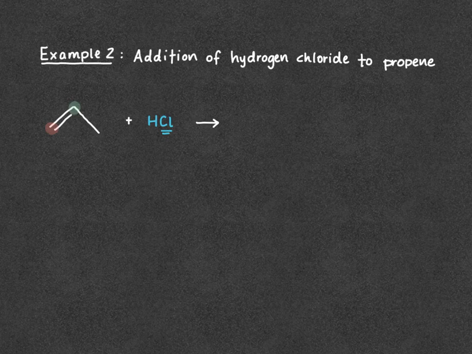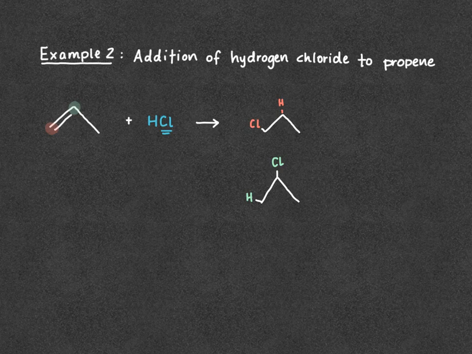So this is an example where we're going to have 2 products. If I place the chlorine on my red carbon, I get rid of that double bond, and I'll have a little chlorine stuck to carbon 1. Now you don't have to draw this, but the hydrogen will be on carbon 2, so on either side of that double bond. If instead I stick my chlorine where that green carbon is, all of a sudden my hydrogen is on carbon 1, and my chlorine is on carbon 2.